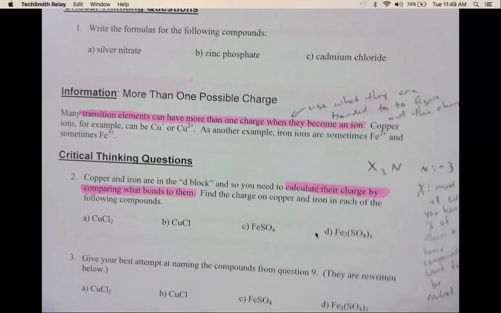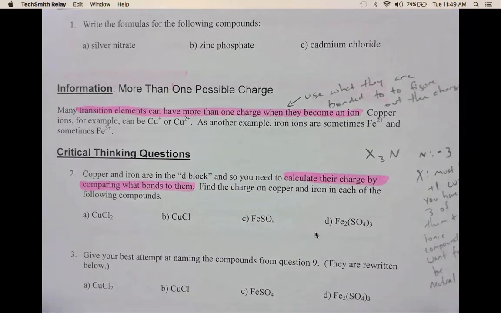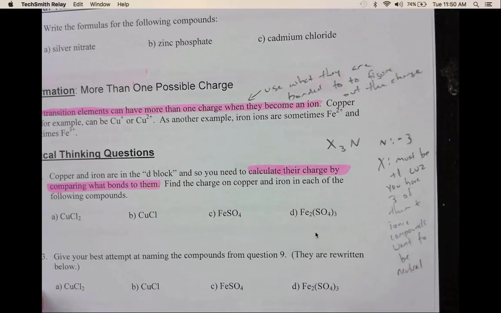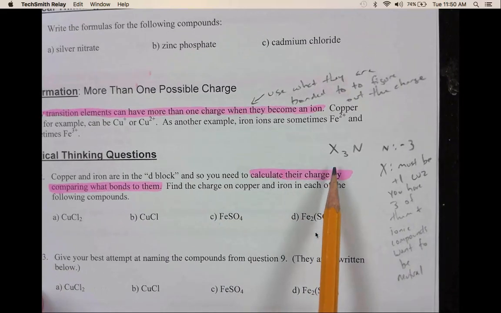So then next, the information. It tells us that transition elements can have more than one charge when they become an ion. So to figure out their charge, we have to use what they are bonded to figure out what the charge is. It's kind of like reverse thinking. Again, it reminds you that in question 2, these are similar to the examples we had on the Chemquest where we had X's.